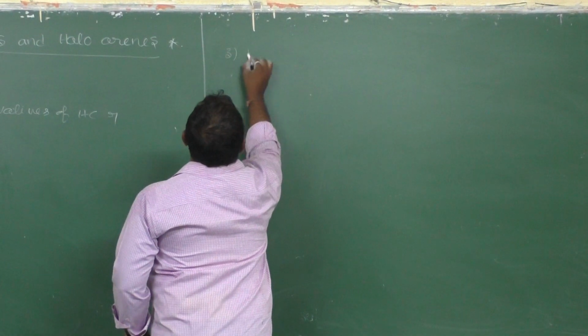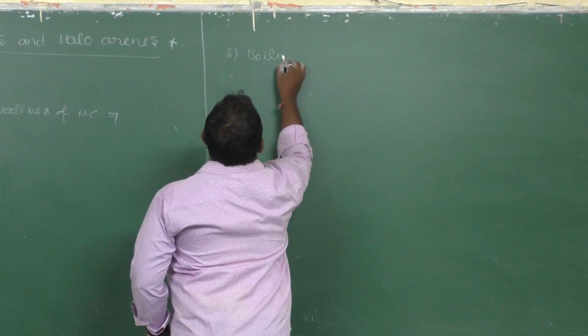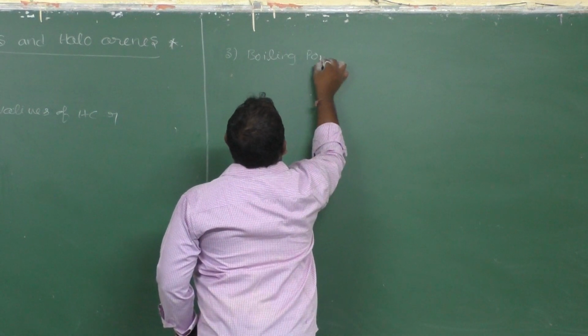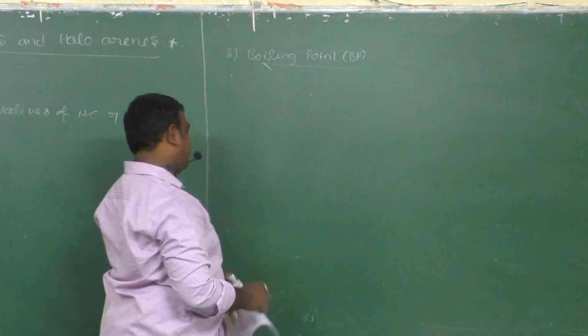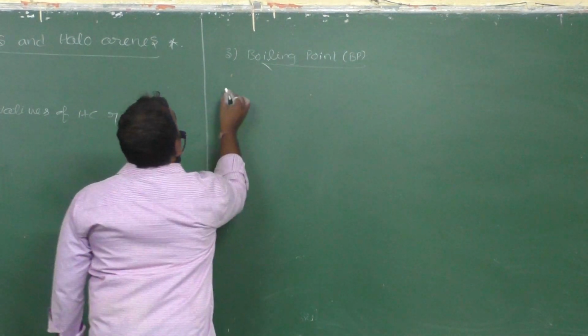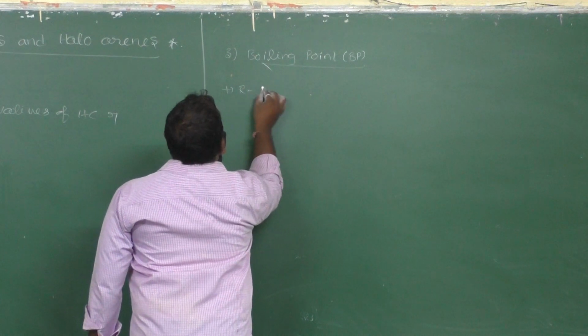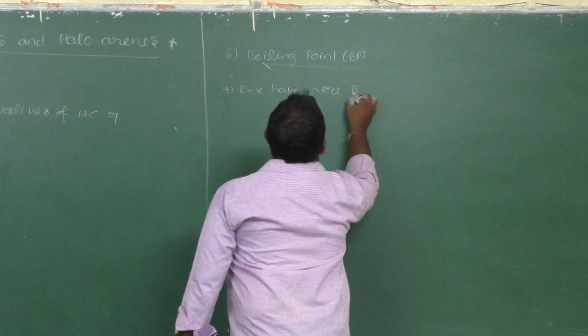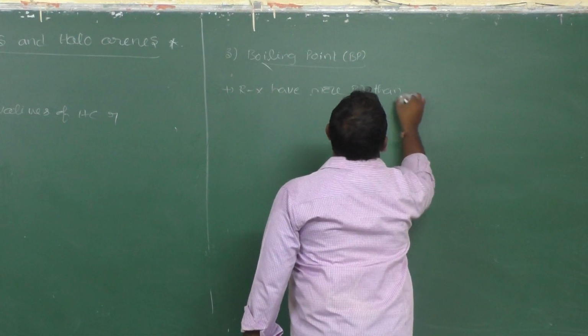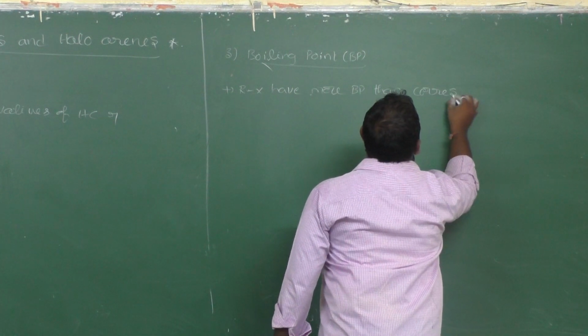The most important one is boiling point, BP. Alkyl halides have higher boiling point than corresponding hydrocarbons.